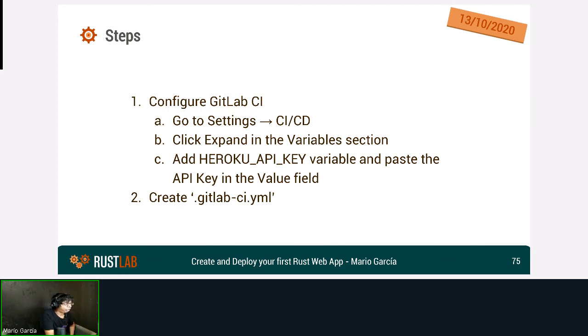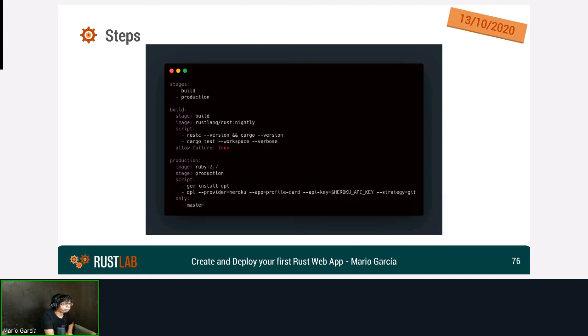In the settings configuration, we add a new variable with the value of the API key that we copied before, and then we create the configuration file for the continuous integration tool, and it will contain this.